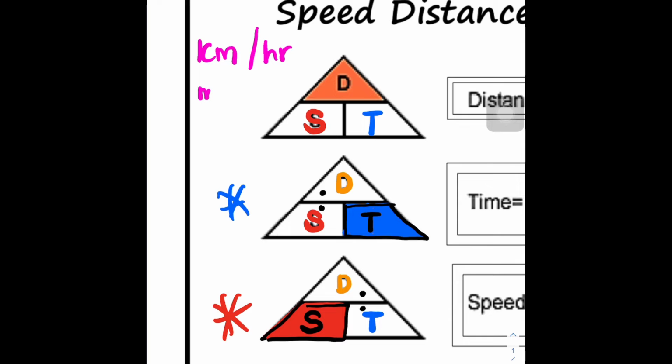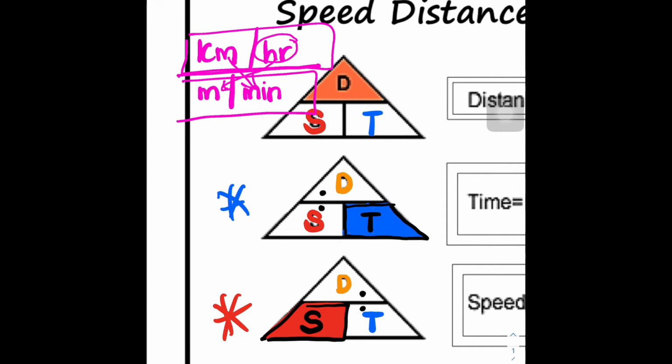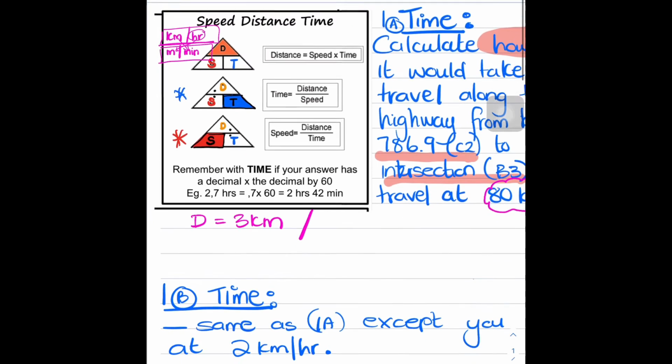But if you're working with meters, then we divide with minutes. You're not going to swap the two. You're not going to divide kilometers by minutes, or convert an hour into meters, or meters into hours. You've got to keep those two conversions together.